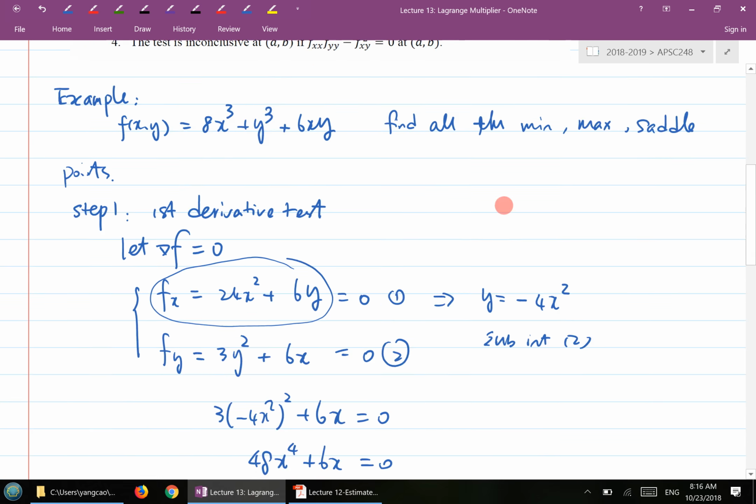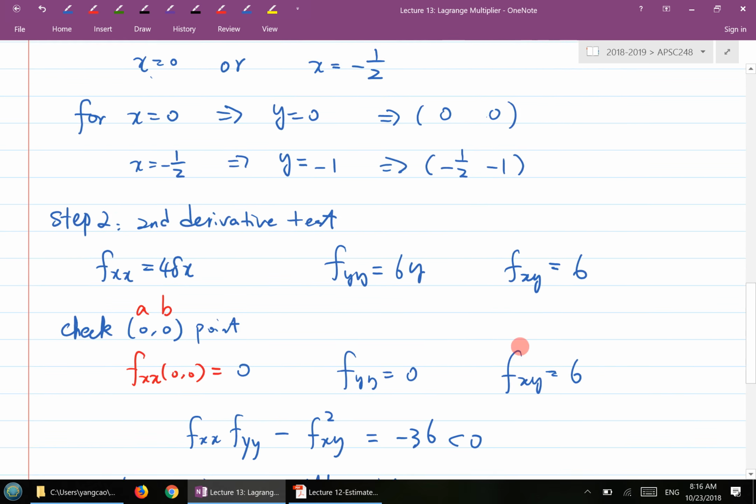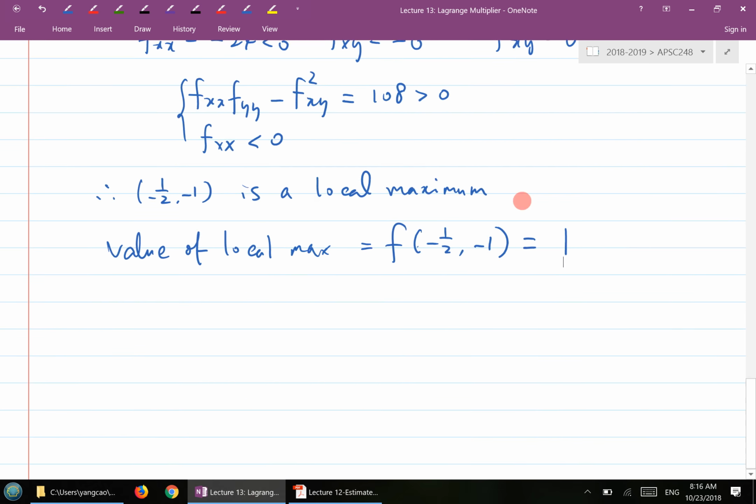I don't see any real challenge in it. It's very procedural type of work. So this is basically how you get the minimum and the maximum location or saddle point given a surface f of x, y.